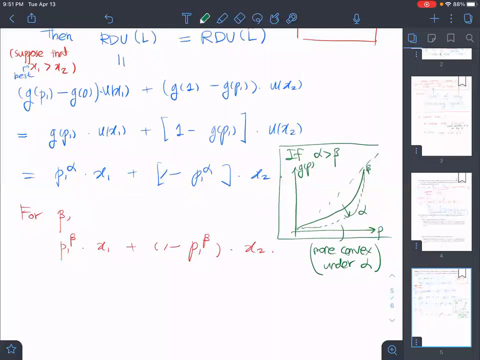So this number, P1 to the alpha, if I compare the value of P1 alpha and P1 beta, then we can see that this number is much greater. This is obvious when we see this graph.